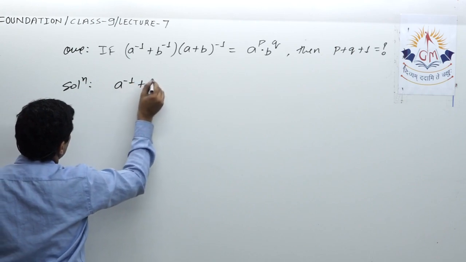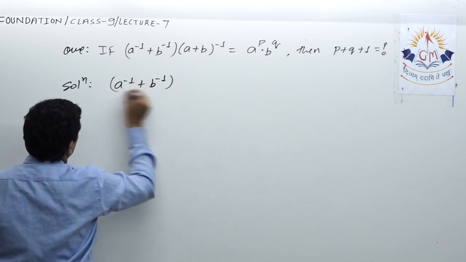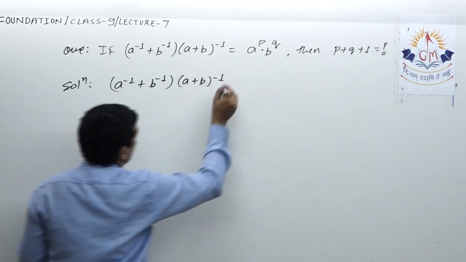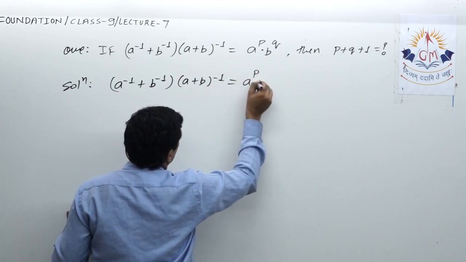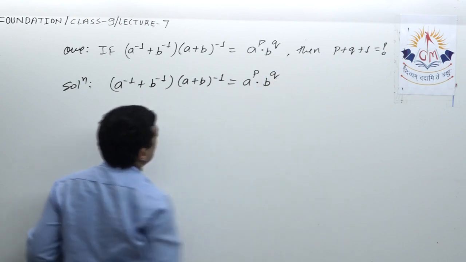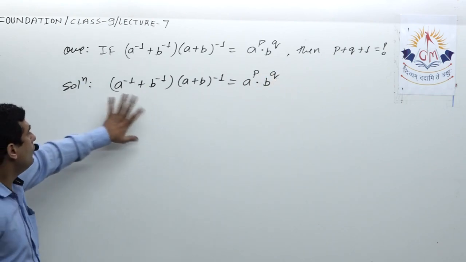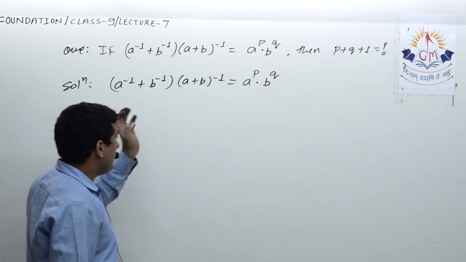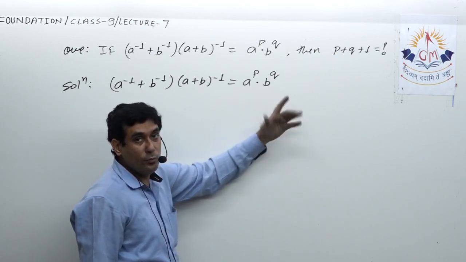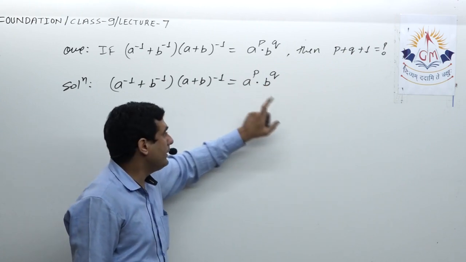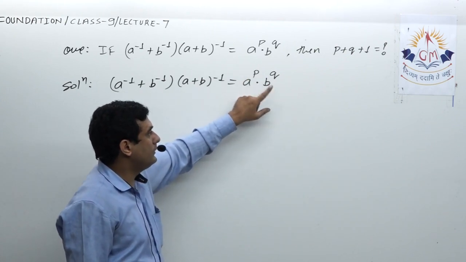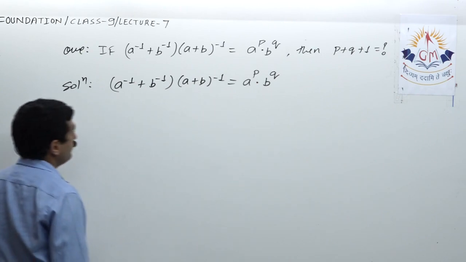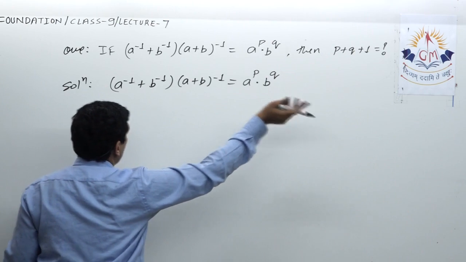a raised to minus 1 plus b raised to minus 1 into a plus b raised to minus 1 is equal to a raised to p into b raised to q. So what we have to do, we have to simplify this so that we'll get a raised to something into b raised to something. That power might be anything, and by adding those powers we'll get the value of p plus q plus 1.